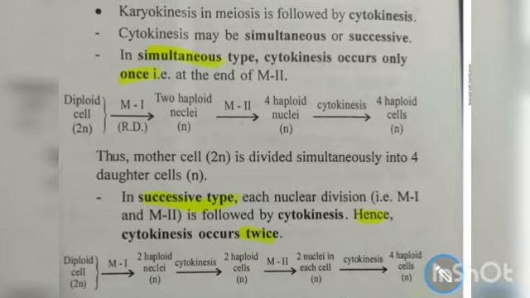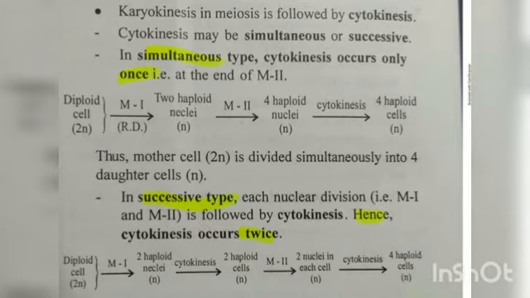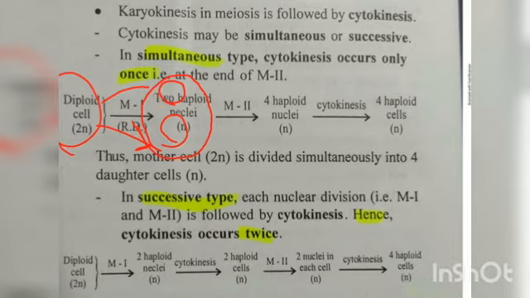Look here, initially there was a diploid cell. Then after meiosis 1 or reduction division, you can see that 2 haploid nuclei have formed. That means the cell remains intact, but 2 nuclei have formed.